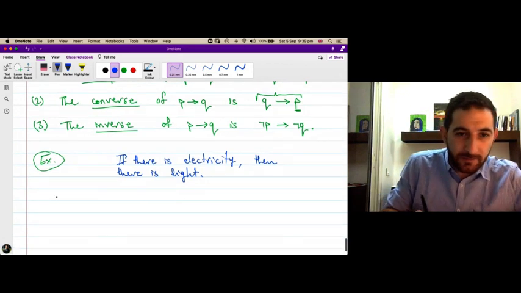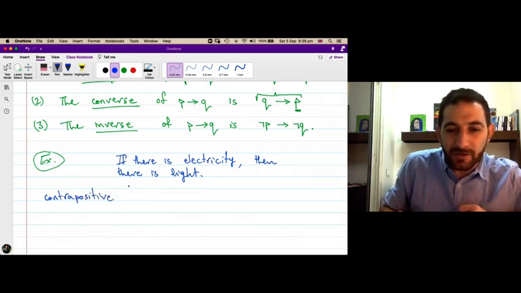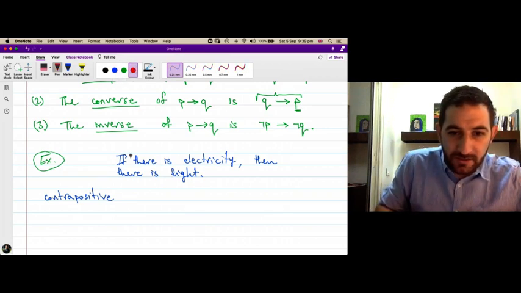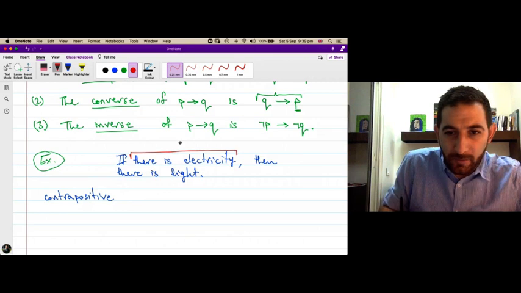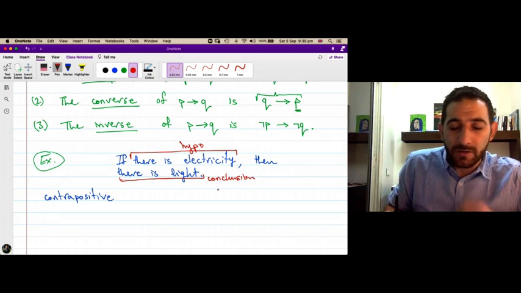Shall I write them? Let me just write the contrapositive. How do we compute the contrapositive? This is the hypothesis, and this is the conclusion of the given conditional statement.